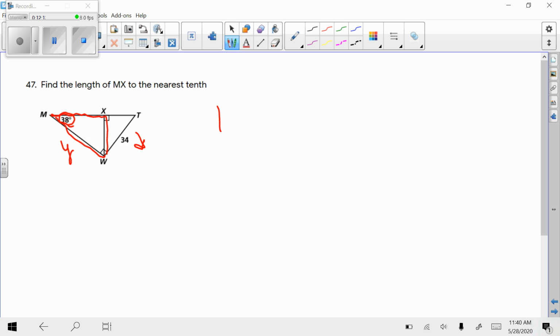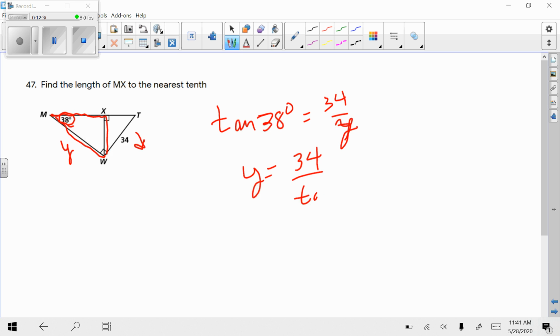So we're going to use the tangent there. The tangent of 38 degrees equals 34 over y. So y is equal to 34 divided by the tangent of 38, which is about 43.5.